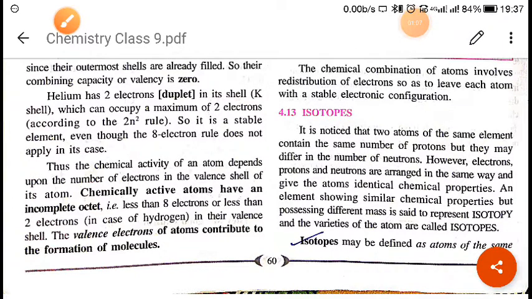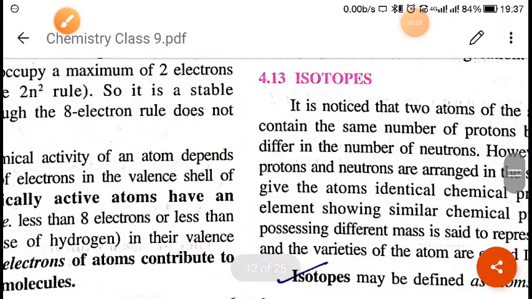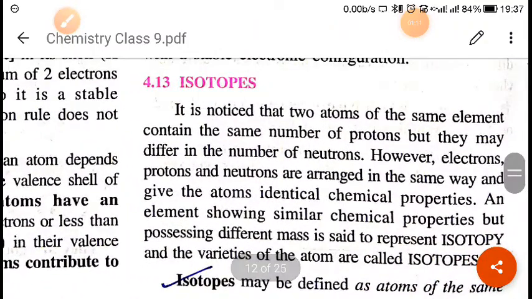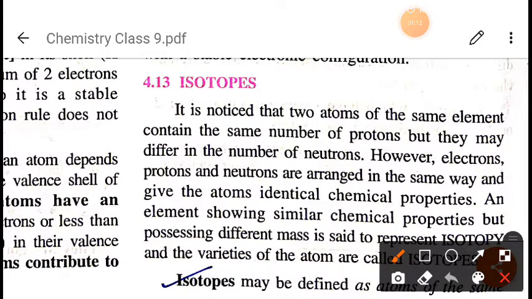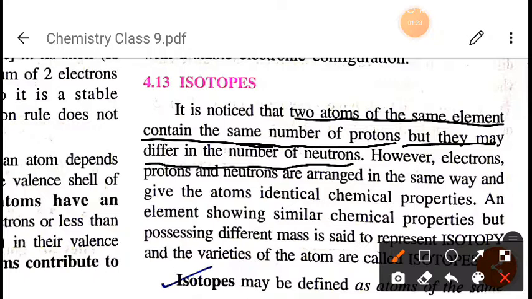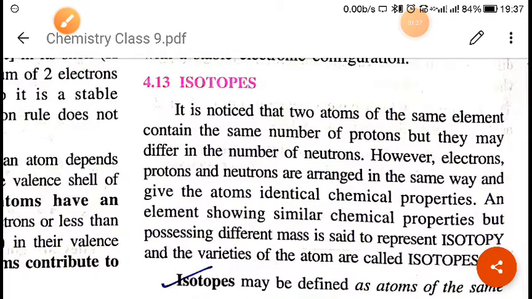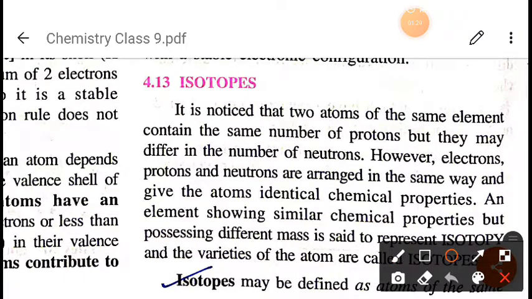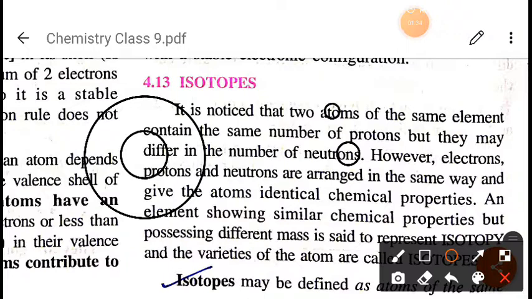But it has been noticed that two atoms of the same element contain the same number of protons, but they may differ in the number of neutrons. Suppose we have two atoms like this.